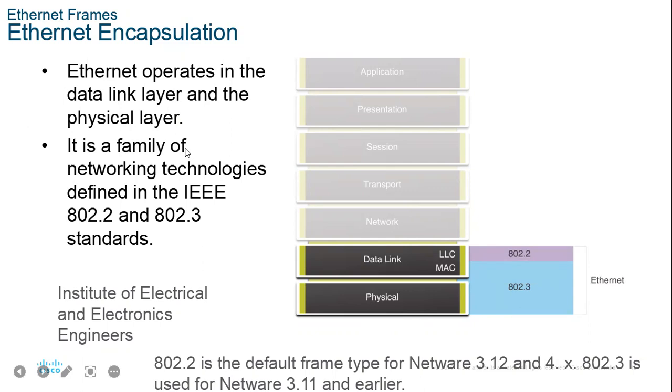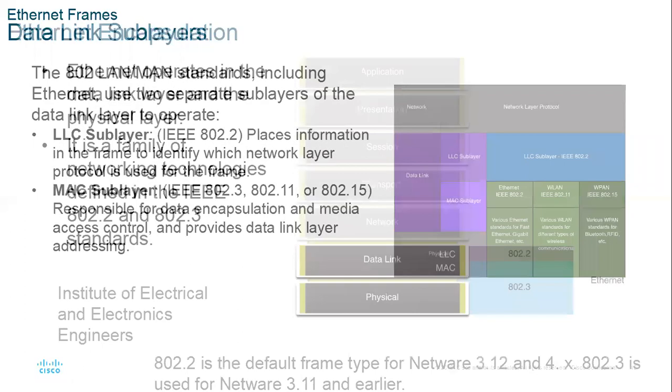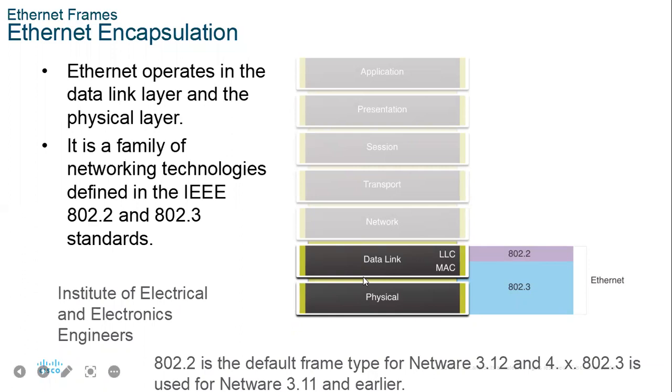Now, it is a family of network technologies defined in the IEEE, the Institute of Electrical and Electronics Engineers. We have the 802, 802.2 and 802.3 standards. Of course, the 802 has to do with the hardware, this very first layer.